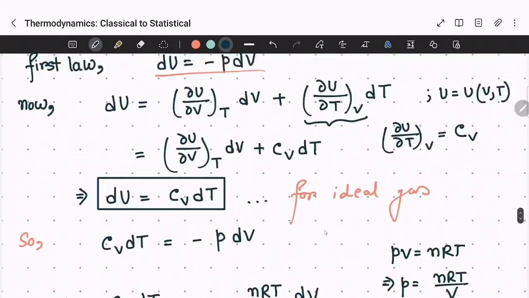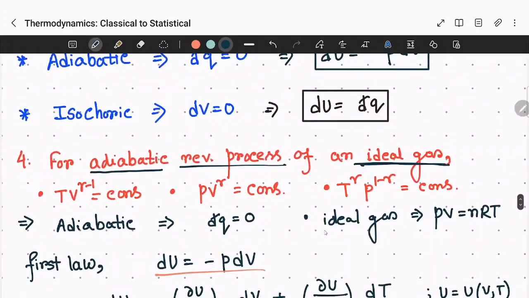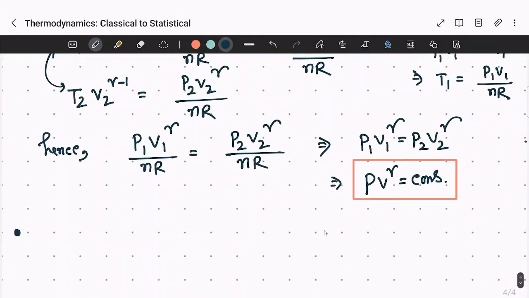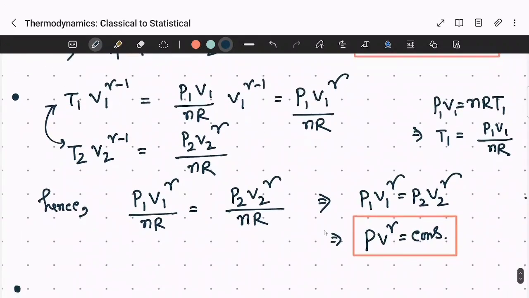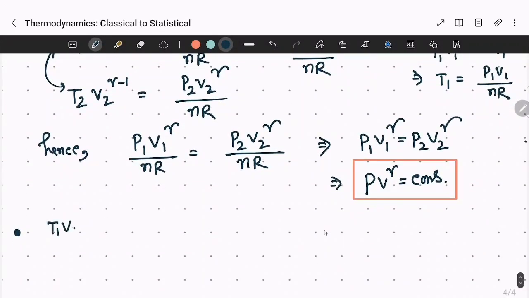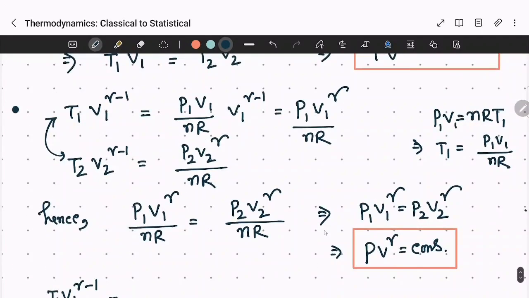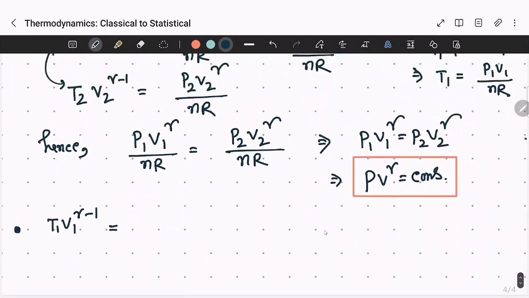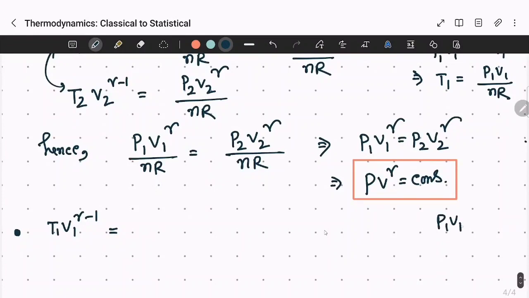And the third one, you can also do by the same procedure. This is for T and P. Similarly here, if you do that, T1 V1 to the power gamma minus 1. Here P1 V1 equals nRT1. That means V1 is actually nRT1 by P1.